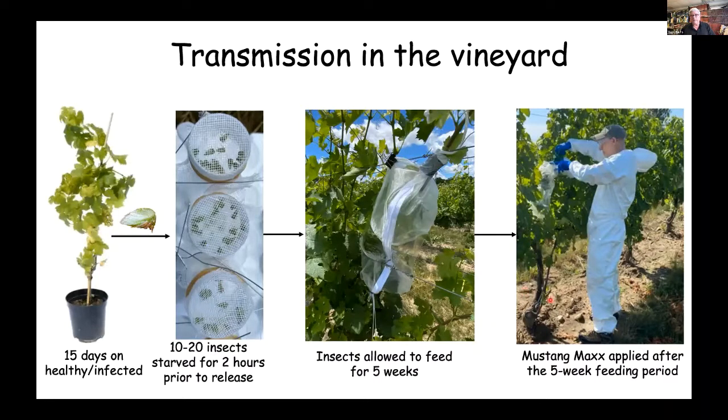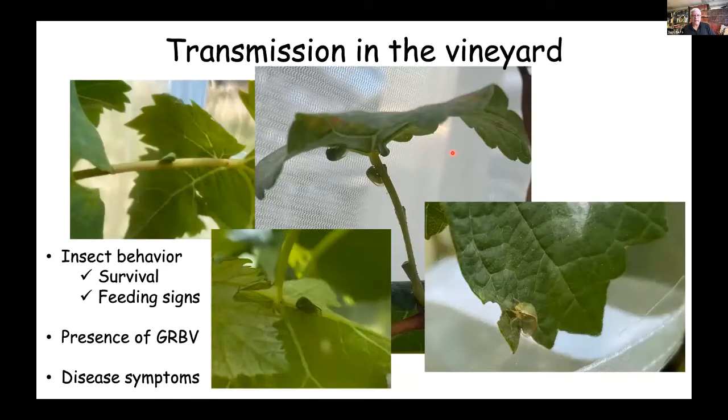After 4 to 5 weeks, we applied a contact insecticide to make sure that any surviving insects would be killed before opening these sleeves in which they were contained, so we could monitor feeding damage and the presence of the virus over time. We also monitored the insect behavior in these sleeves over time.